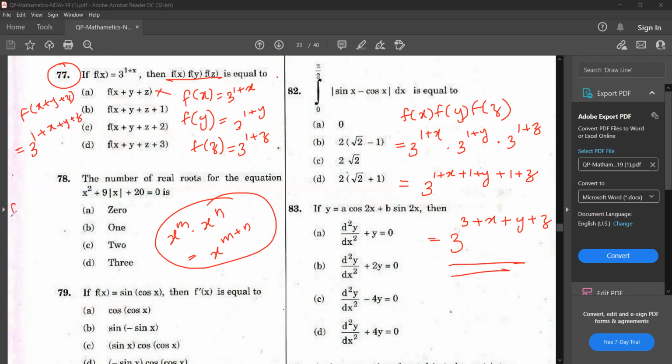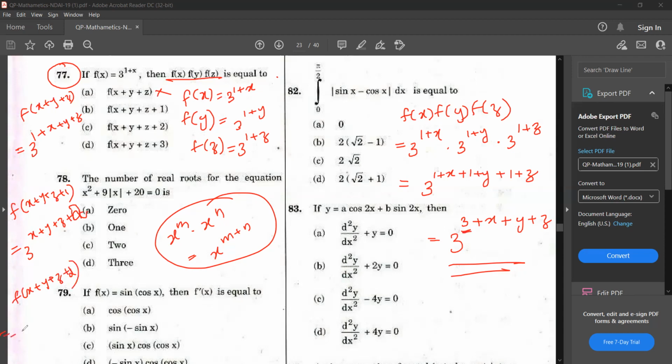See the next option. F of x plus y plus z plus 1. That will be 3 raised to x plus y plus z plus 1. That will not be the correct answer, because here plus one more, isn't it? So you'll get 2 only. But here we need 3. So next is f of x plus y plus z plus 2.